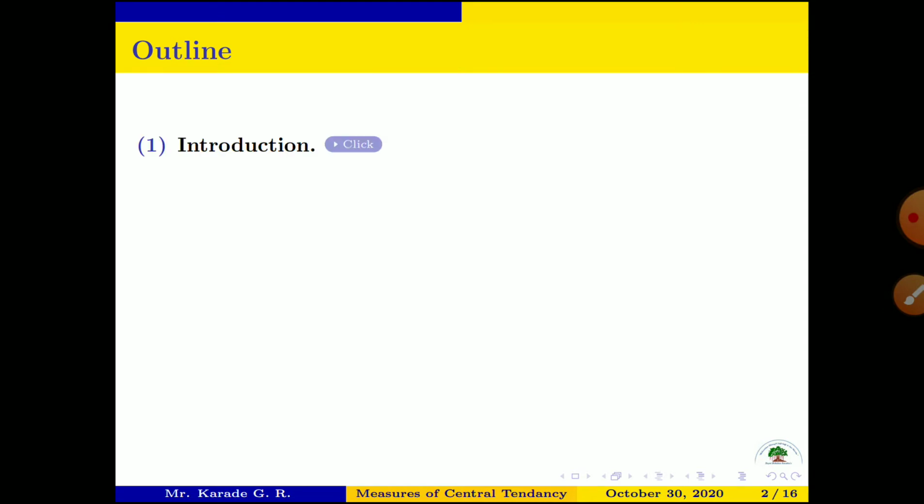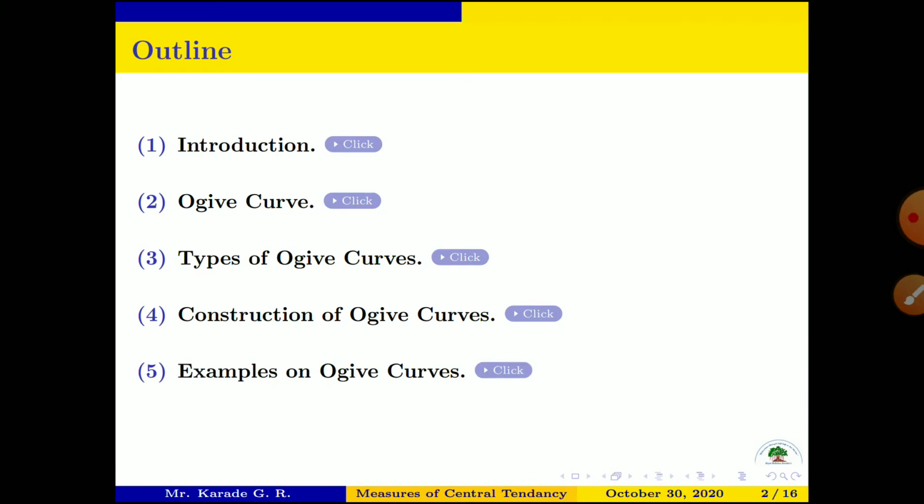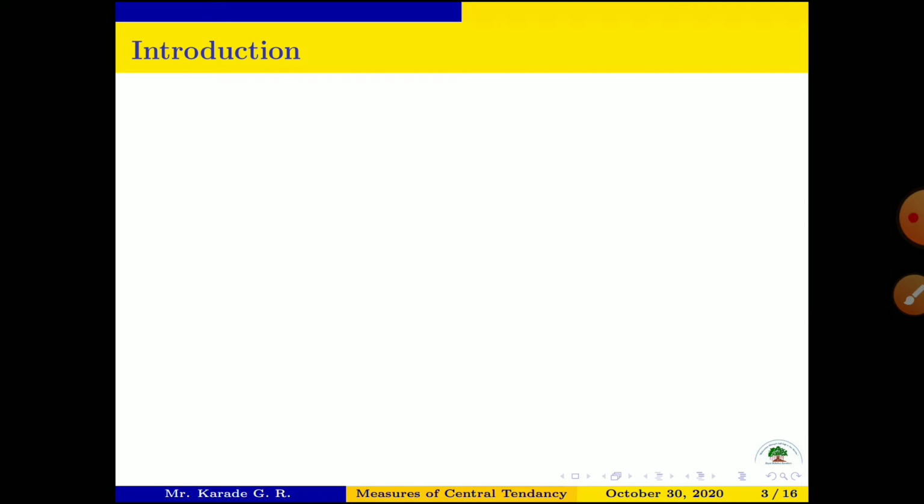So, the outline of our lecture is introduction, Ogive curve, types of Ogive curve that we have seen in the previous lecture, construction of Ogive curves, and some examples on Ogive curves. An Ogive curve is also called a cumulative frequency curve.